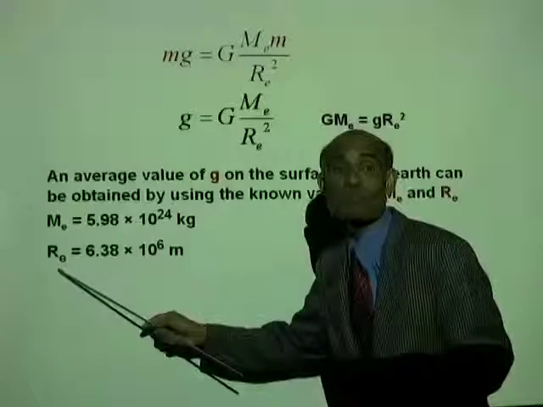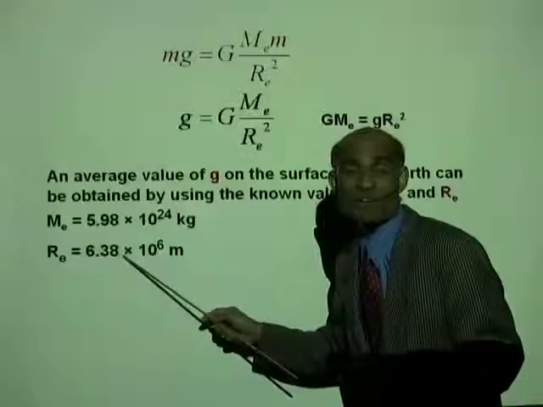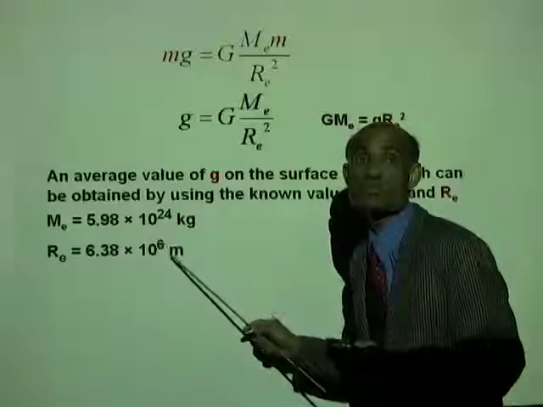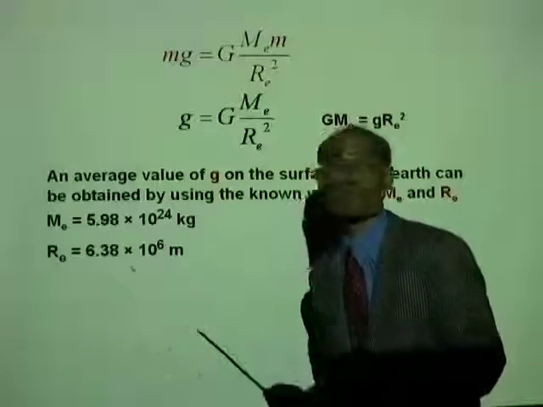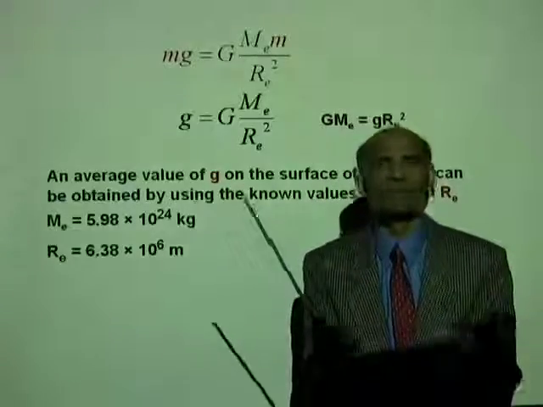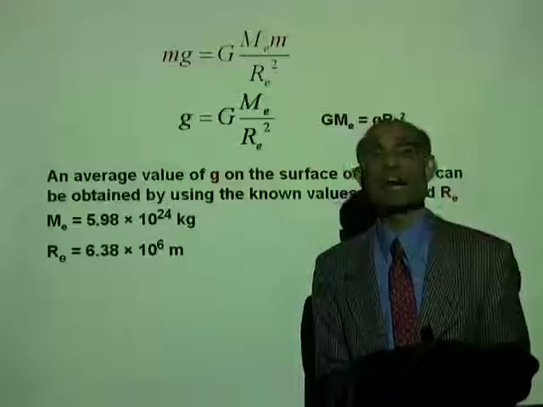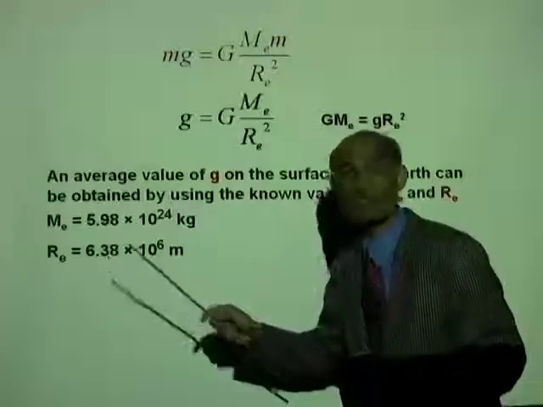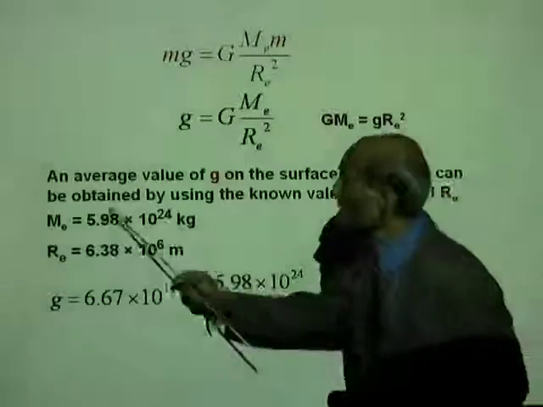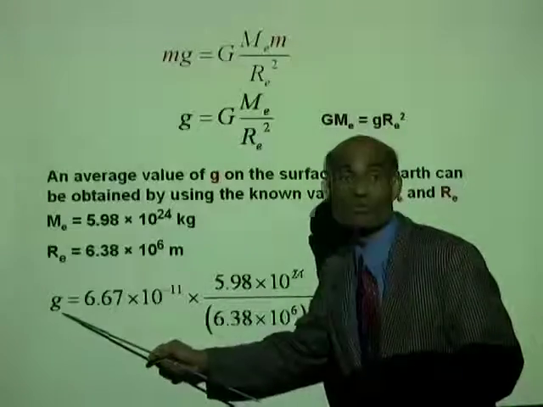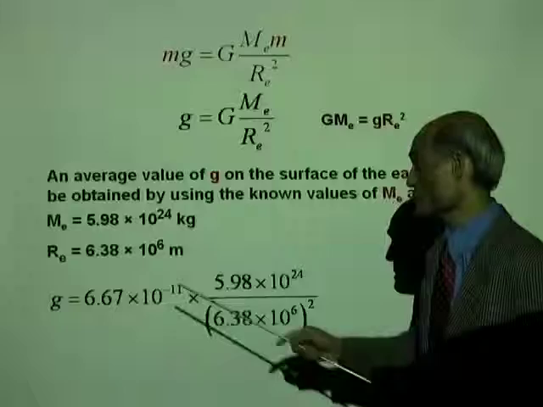And the radius of the Earth, I would like you to remember this value, 6.38 times 10 to the 6 meter. That is the radius of the Earth. But that is the average value, we know the radius slightly differs at the equator and at the poles. And using these two values, we can calculate a value for acceleration due to gravity.